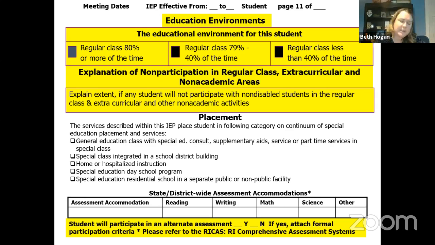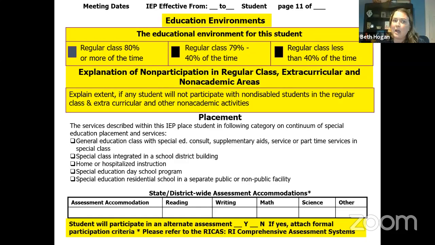If your student is receiving special education instruction and/or services outside of the classroom for a portion of his or her day, he or she may be in the regular class from 40 to 79% of the time. And then what we would consider the most restrictive would be in the regular class less than 40% of the time, if your student is in a specialized designated special education classroom without regular education peers for the bulk of their day.